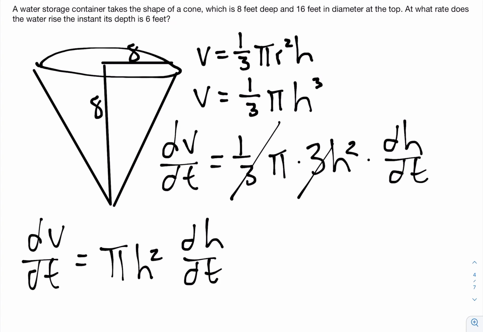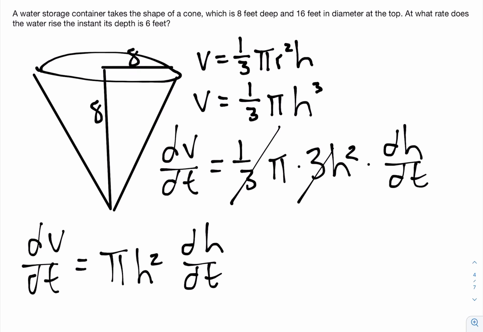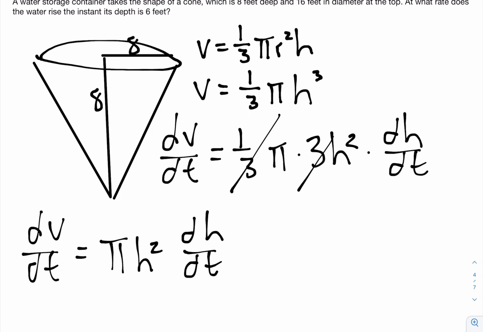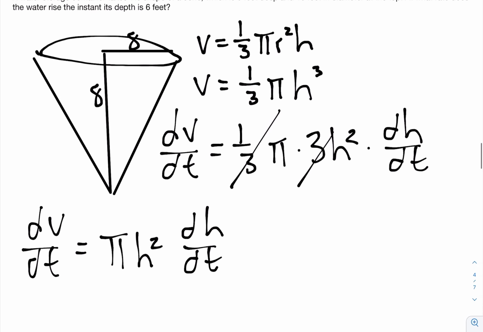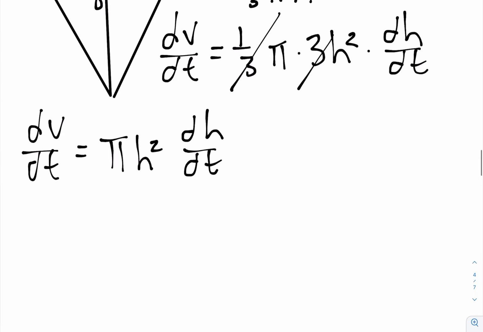And we must know what dV is. So dV here, let me just look at what rate does water rise. Okay, so for this question, we're not actually trying to find the numerical value. All we can do is substitute in 6 for h.